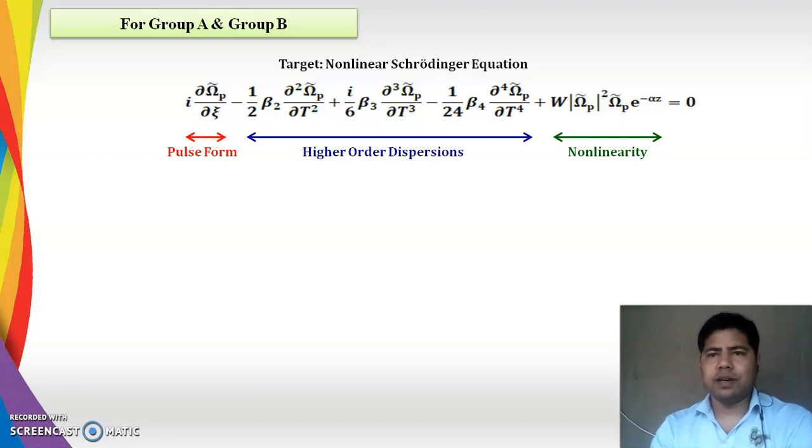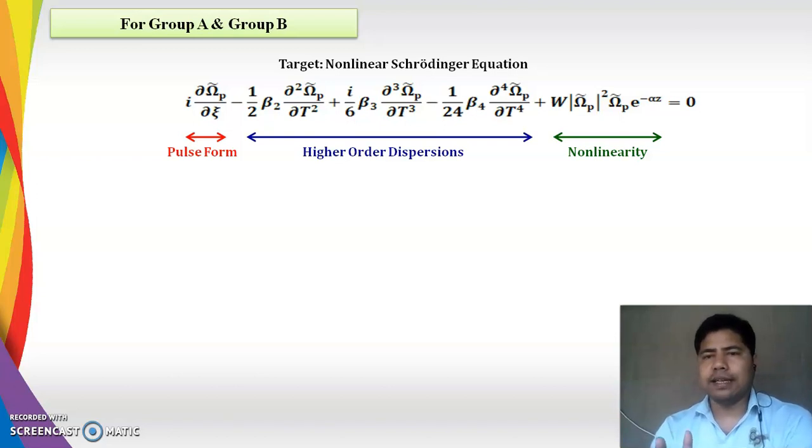Now, in this part, we already know that nonlinearity induces many nonlinear effects like self-phase modulation, cross-phase modulation, four-wave mixing, soliton generation, etc. So, the nonlinear term is responsible for those things. Now, we will be discussing step by step.